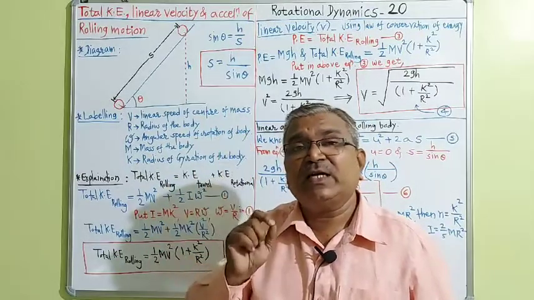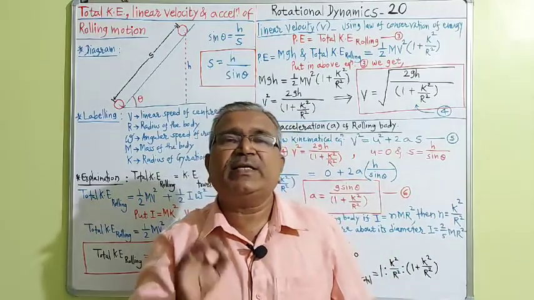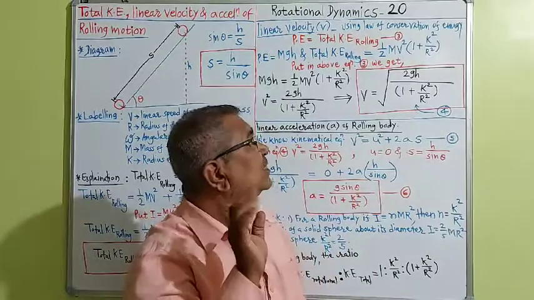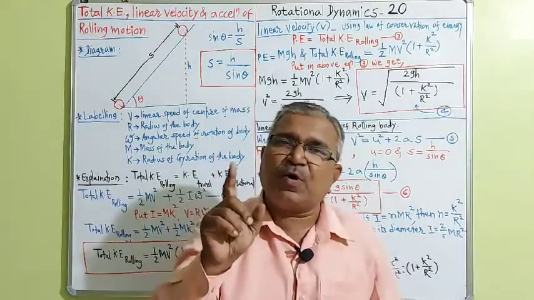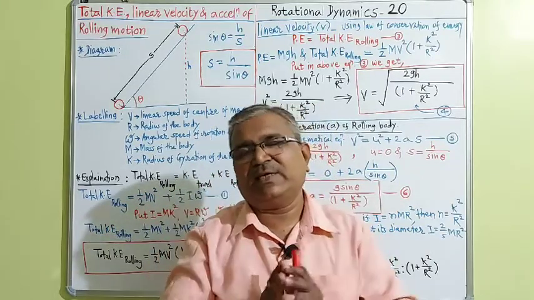In this way we calculate by making use of law of conservation of energy. We get linear velocity of rolling motion v is equal to square root of 2gh upon into bracket 1 plus k square upon r square.